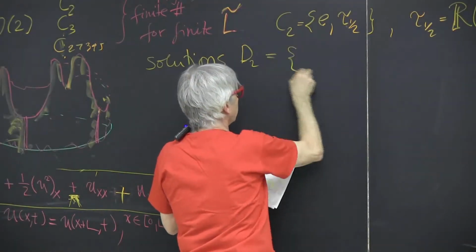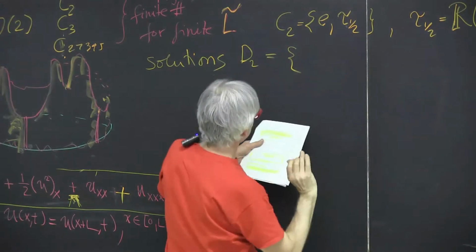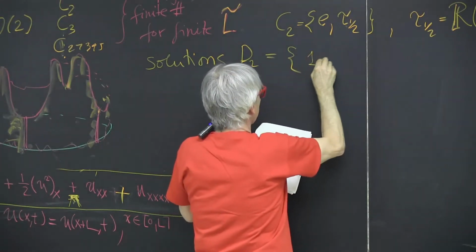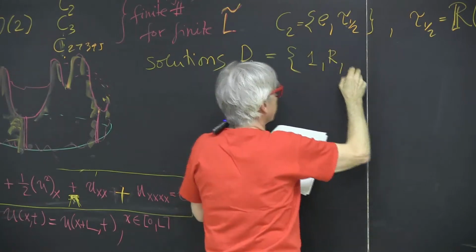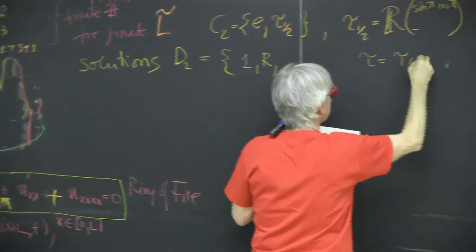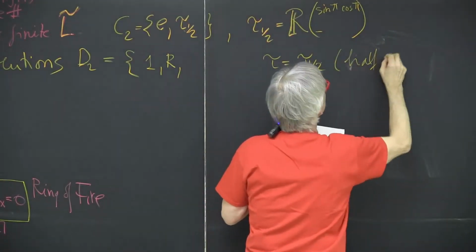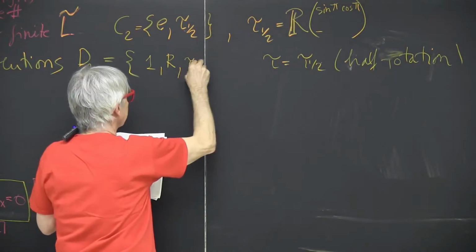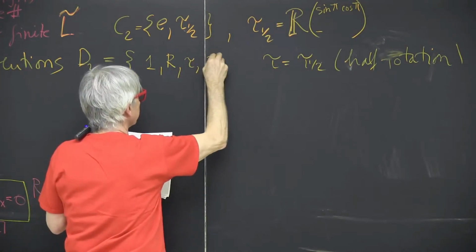That's a group that has these rotations half around the disk, but it also allows for the flips. So let me call T equals T1/2. So there's also tau, and there is the combined action of the 2 of them.